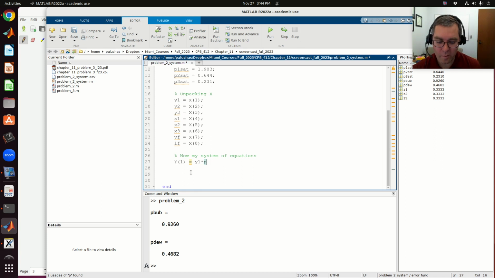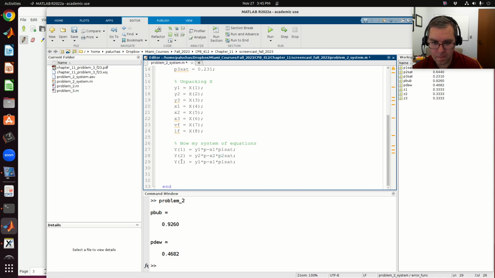Okay, so y1p minus x1 times p1 sat. Okay, I'm going to copy and paste. Second equation is y2p minus x2 times p2 sat. Third equation, y3p minus x3 times p3 sat.